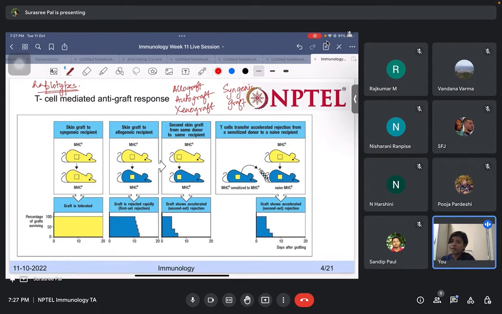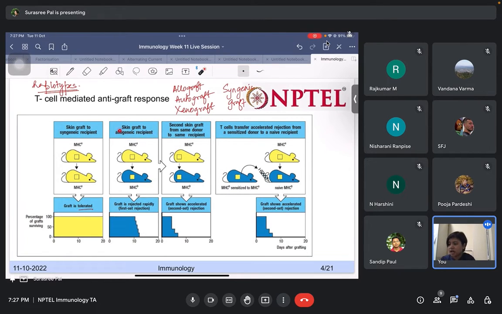I told you that MHCs are polymorphic proteins, so in any two individuals, the MHCs are going to be different. Therefore, if a skin or any tissue is grafted onto a syngenic recipient who has the same MHC haplotype, then the graft is tolerated and all the grafts survive.